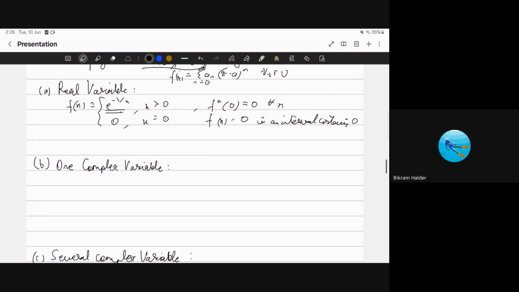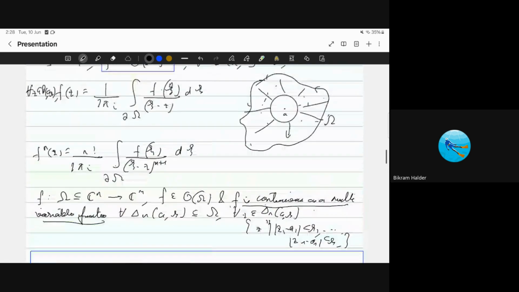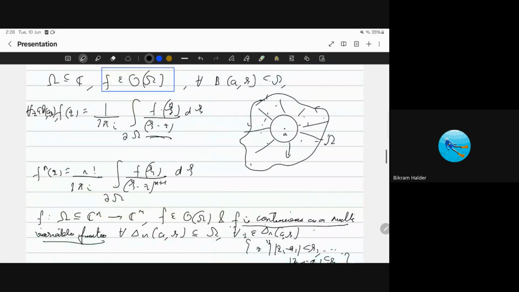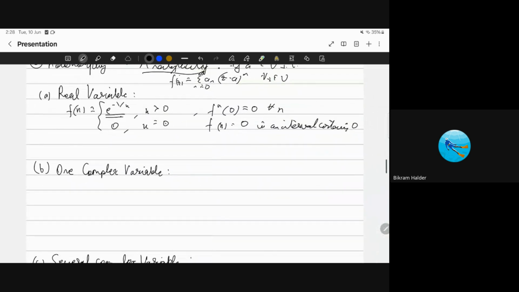On the other hand, for one complex variable, we do know, and I think a proof of this will follow from expanding the Cauchy integral formula and writing the Laurent series for 1 by xi minus z in the appropriate domain, that holomorphicity does imply analyticity.